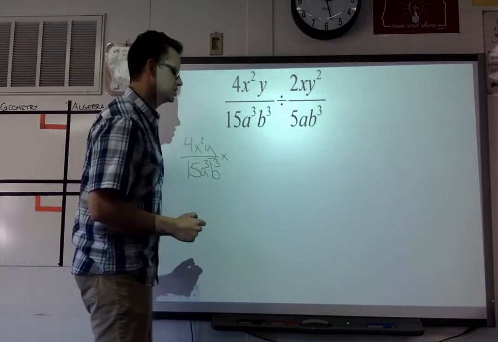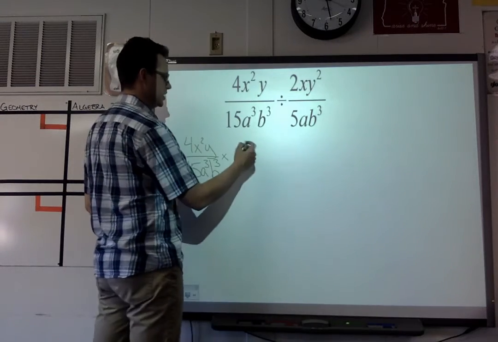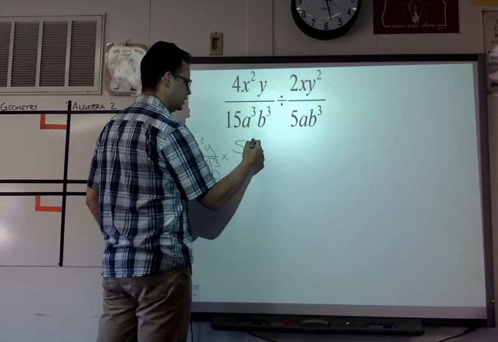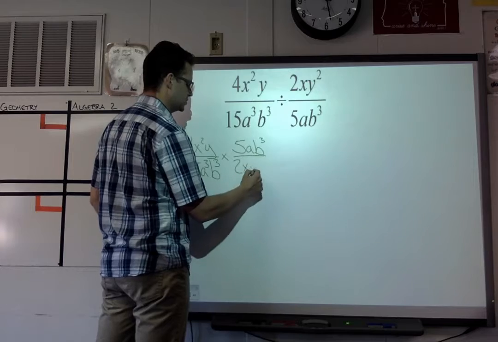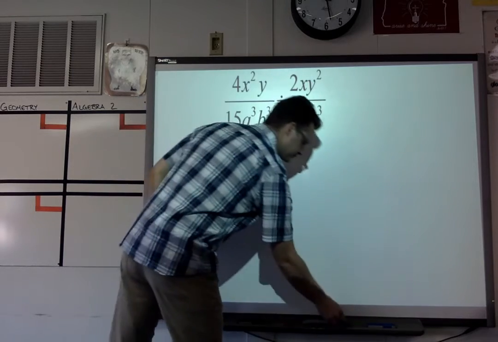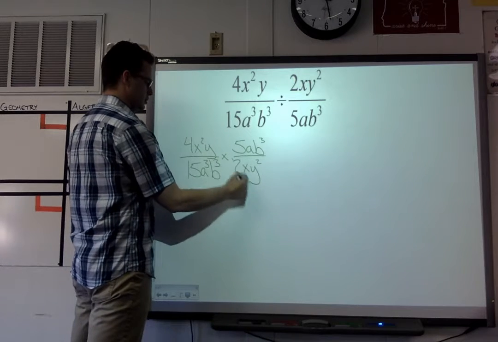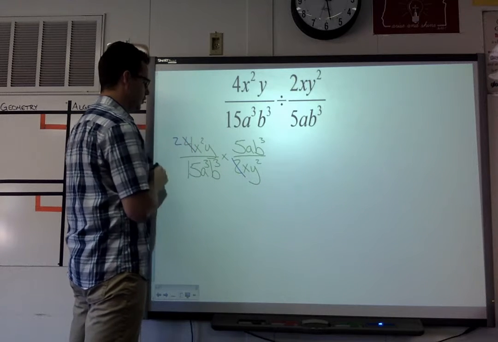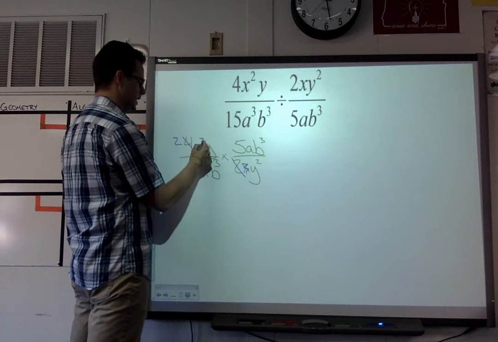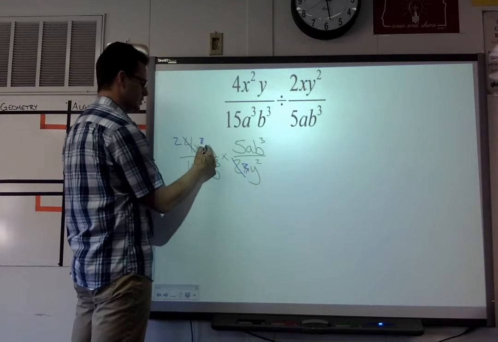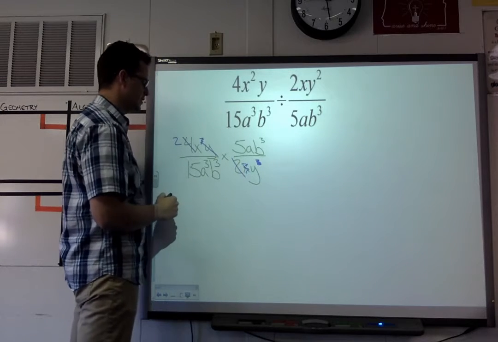We would switch the numerator and the denominator here. So our second rational expression would become 5ab cubed over 2xy squared. Now, taking the shorter route here, our 2 cancels, 4 becomes a 2, x cancels here, our x squared just becomes x, y cancels there, y squared just becomes y.